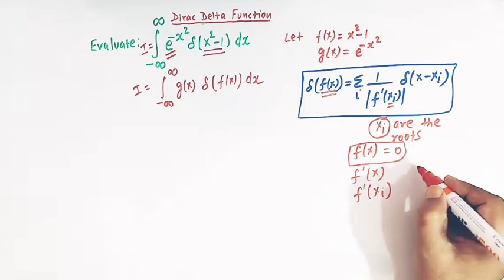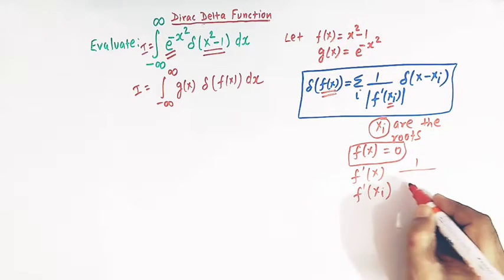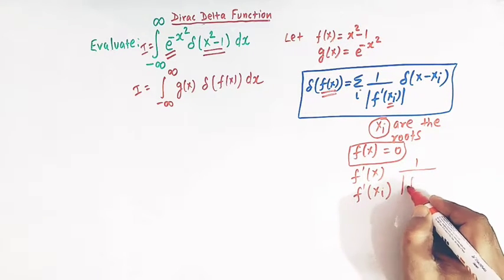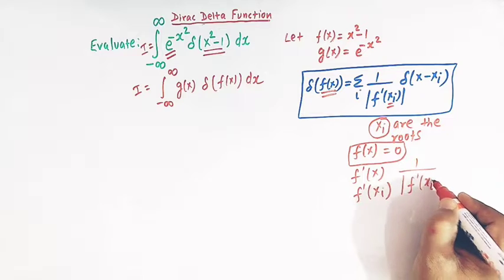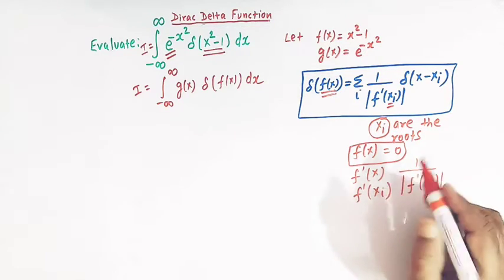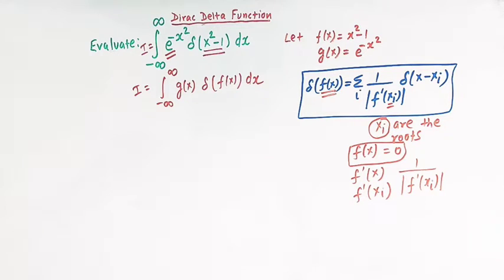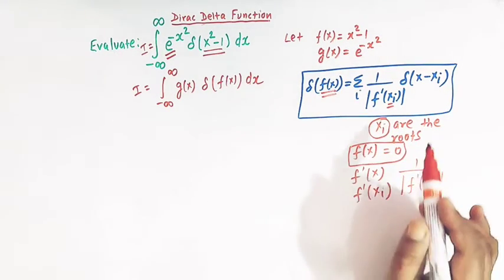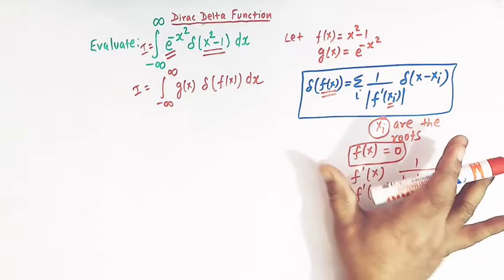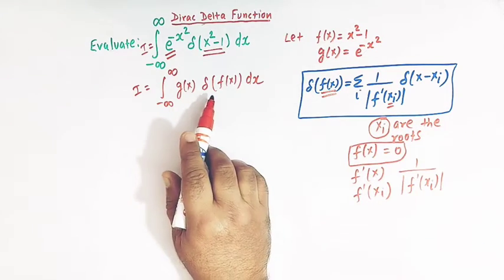Then we calculate the quantity 1 over mod of f prime of x_i, and use the summation sign. Let us see how we can apply this property to this integral.